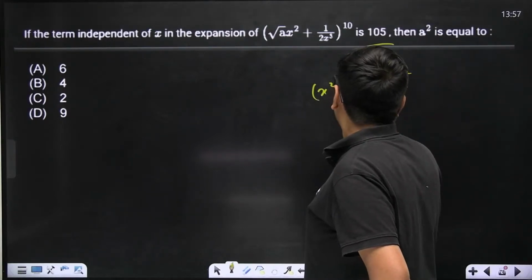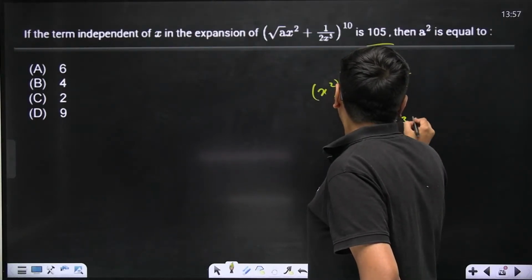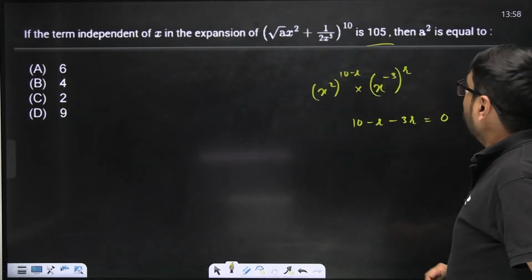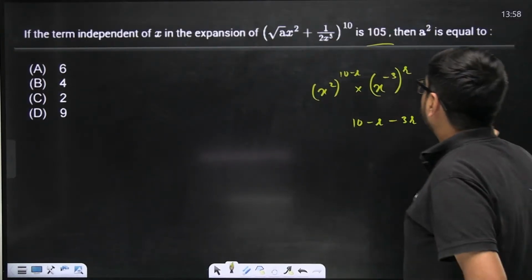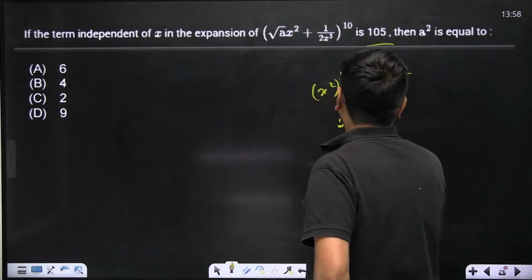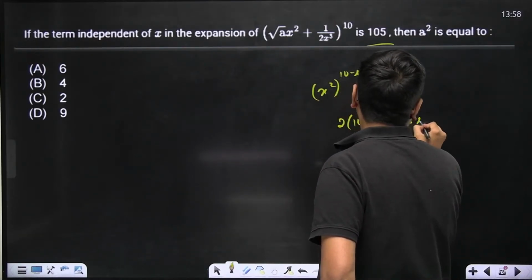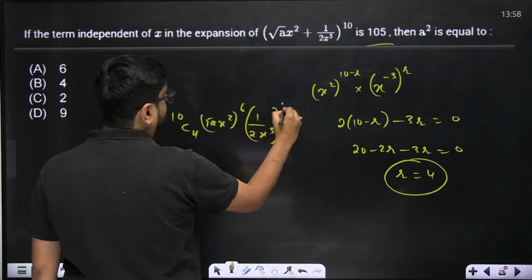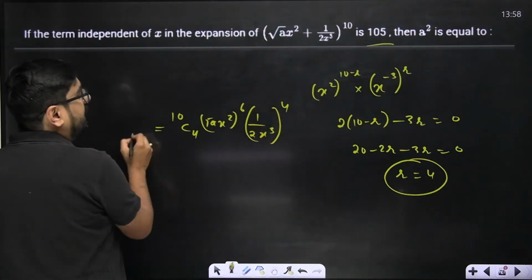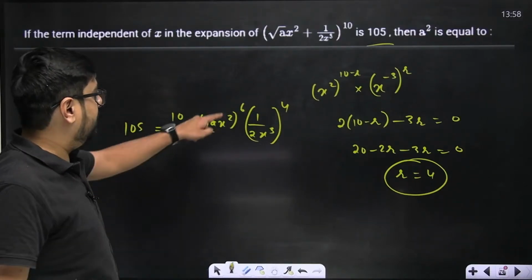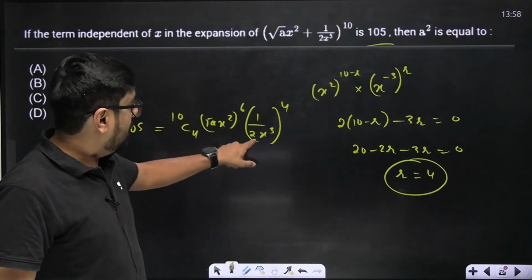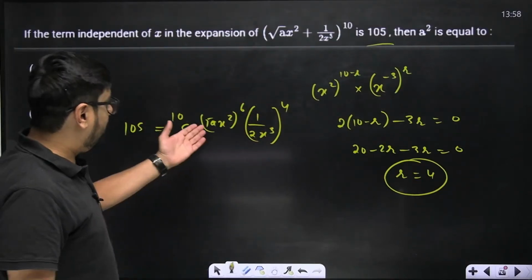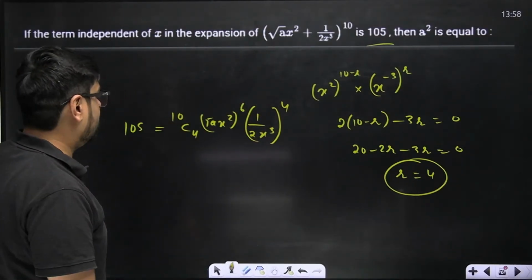That means 2 into 10 minus r minus 3r should be equal to 0. So r is 4, and this term will be 10c4, equal to 105, and this term definitely will be independent of x. 6 twos are 12, minus 4 threes are 12, 12 minus 12, x will go. You don't have to actually write x over here. Without x, it should work.